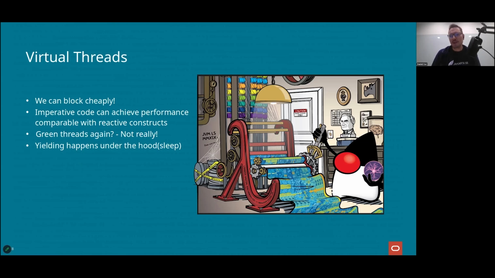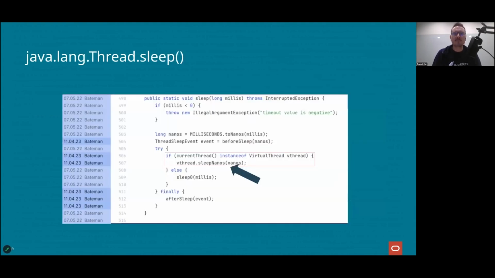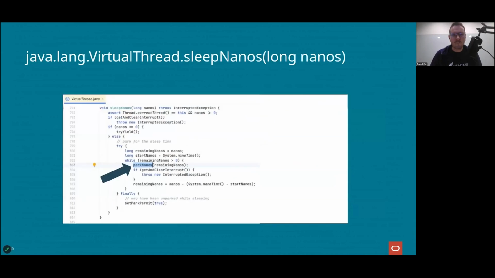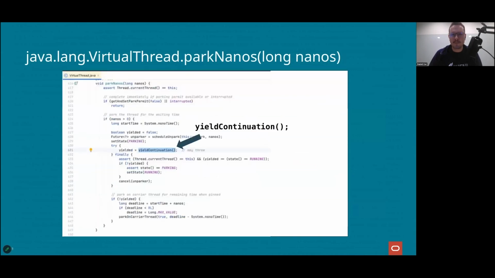Those are continuations under the hood. For example, let's see how Thread.sleep actually yields and parks continuations. So let's look inside this java.lang.Thread class. Everybody knows that. And notice how the sleep method does something else for virtual threads since Java 21. If you inspect the virtual thread sleepNanos method, and follow the rabbit a little deeper down the hole into parkNanos, you are going to find yieldContinuation.